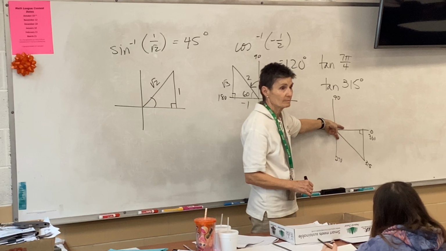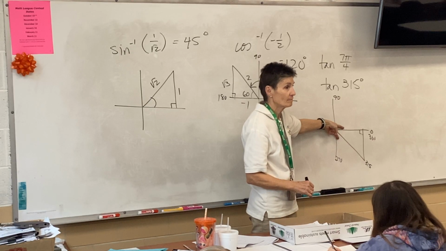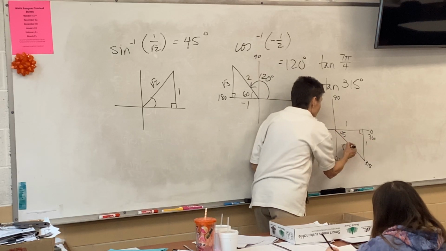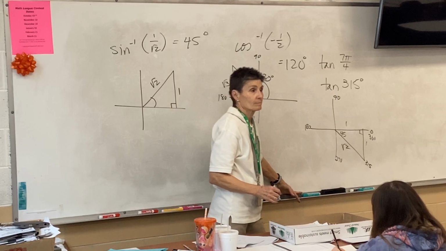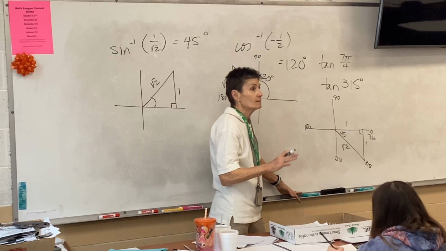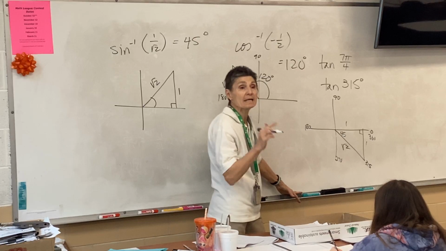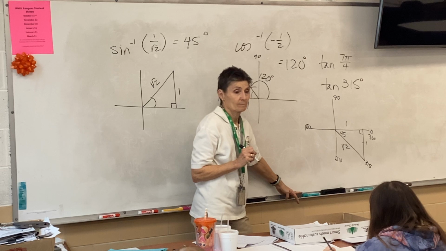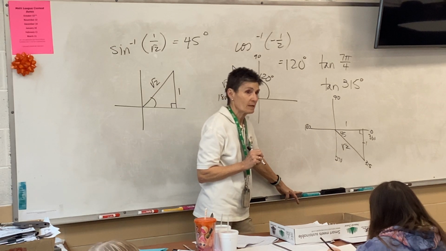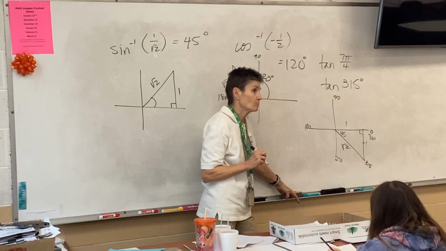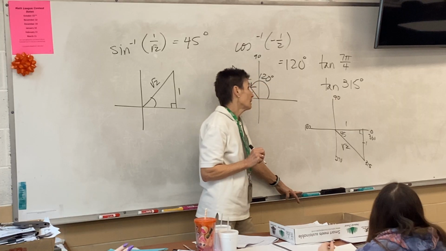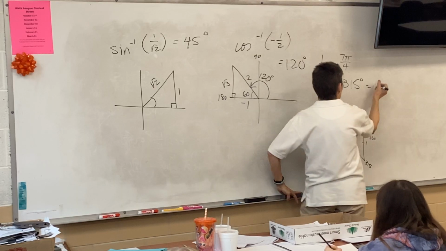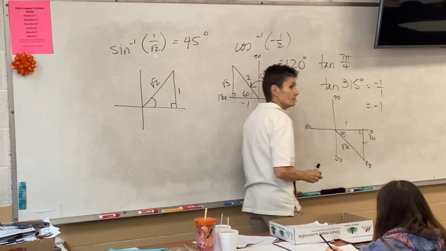Everybody see 45 there? Which then means 1, 1, root 2. Then I stop a second. Gotta put some negatives in. Put a negative in right here. Those are easy to forget. Anytime you're not in quadrant 1, something's negative. I want tangent. Tangent will be negative 1 over 1, or negative 1.